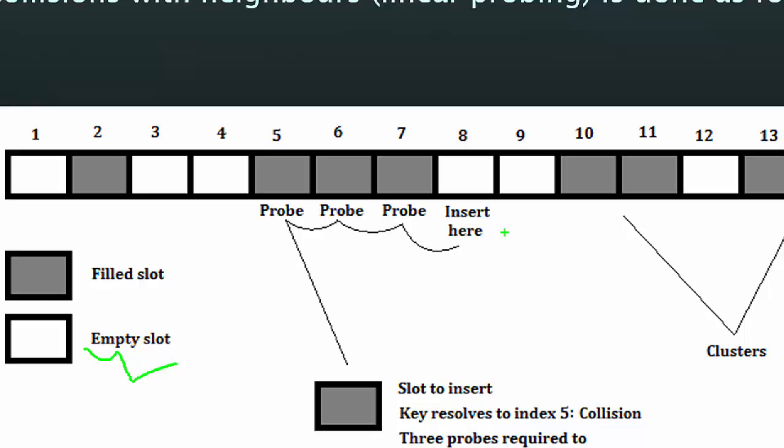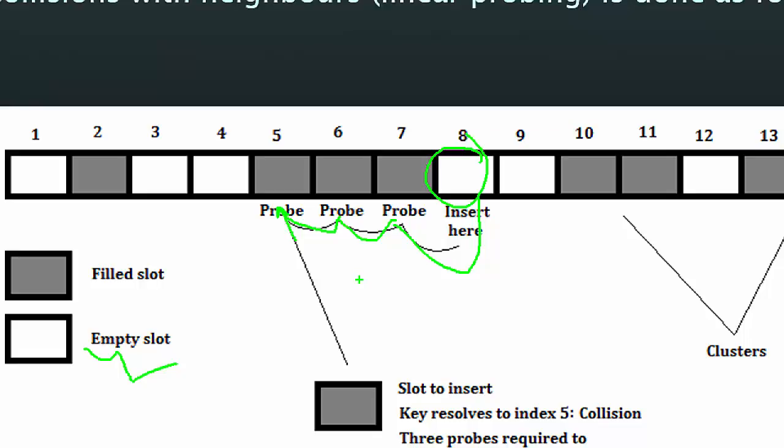It's just that the way that they're implemented is a bit different. So let's try here. Okay, this one is filled in, so we go to the next one. It's filled in. We go to the next one, filled in, and we have to insert it in the first empty slot that we have. And it's as simple as that.